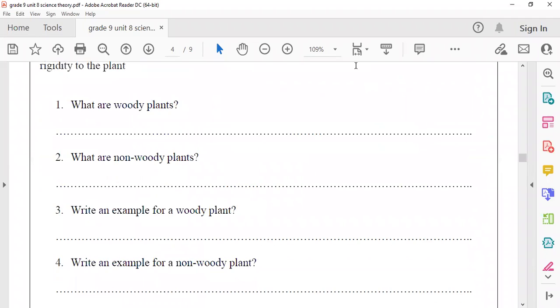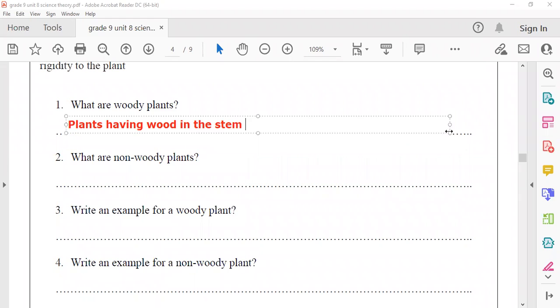Right. What are woody plants? Plants having wood in the stem. What kind of wood?